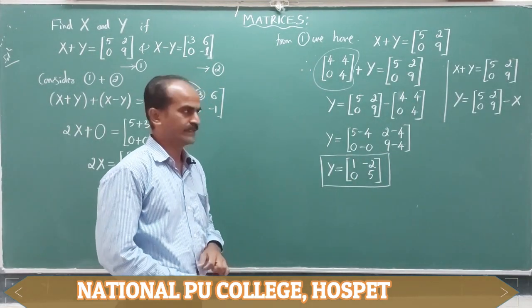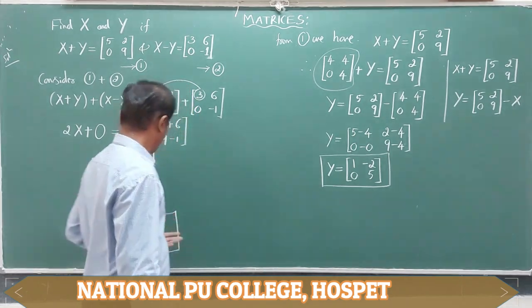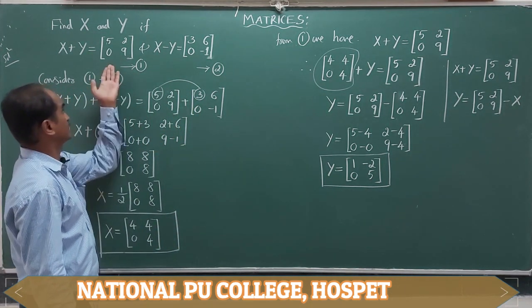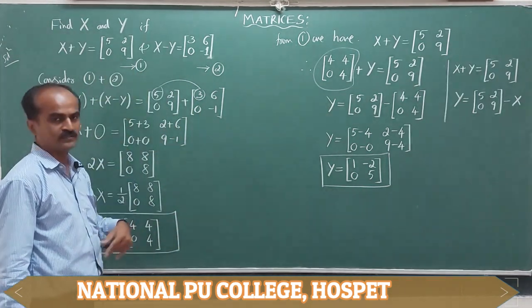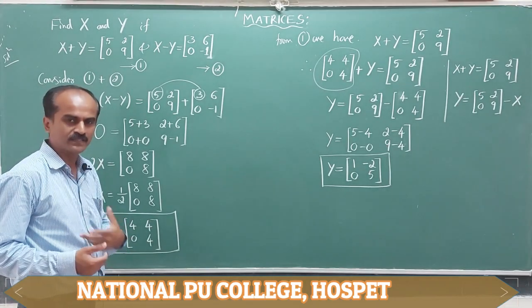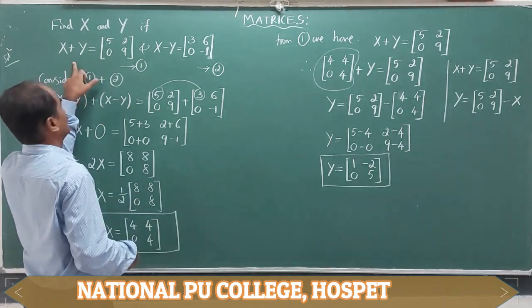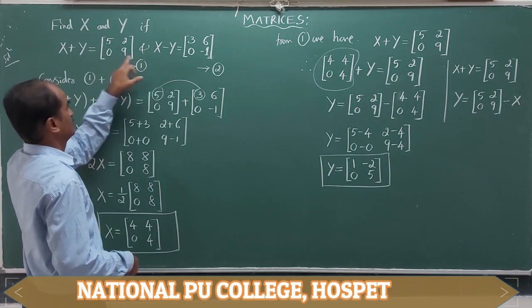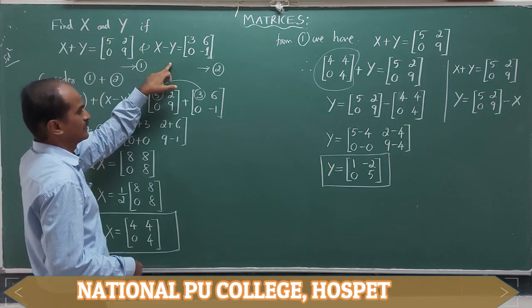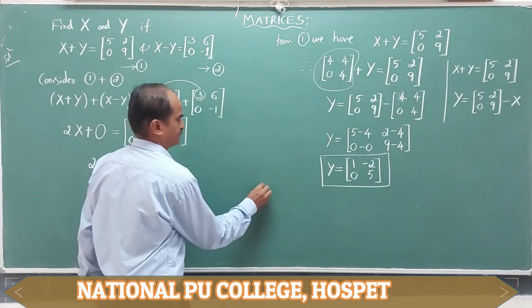So what I did here in order to get Y: I substituted matrix X in 1, or you can substitute in 2 also. Otherwise, you can use the elimination method. To get Y, eliminate X. How to eliminate X from these two equations? Now I consider equation 1 minus equation 2.